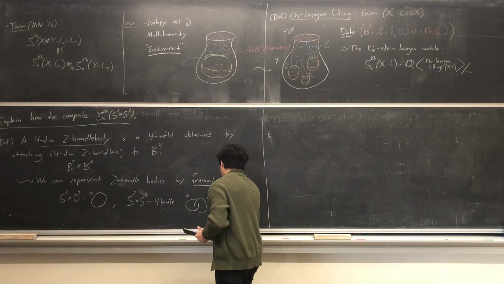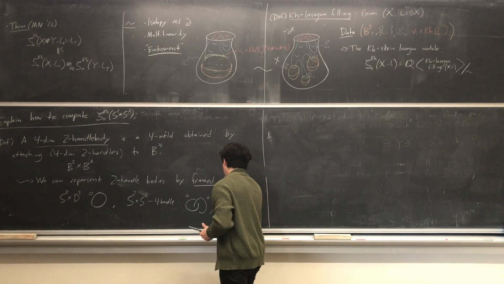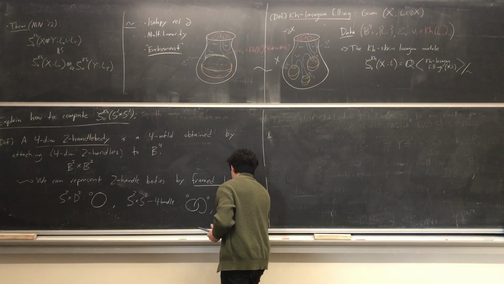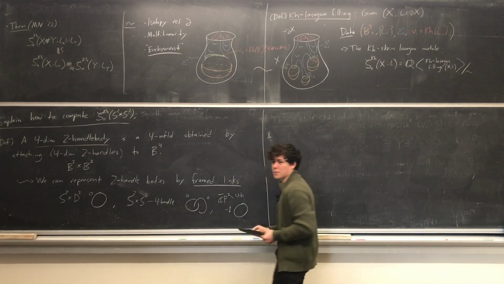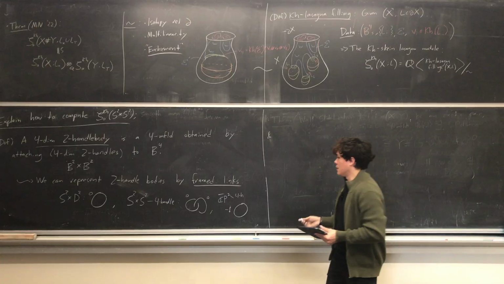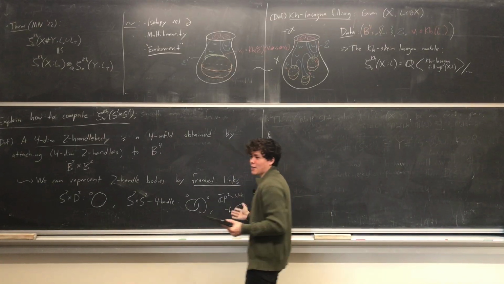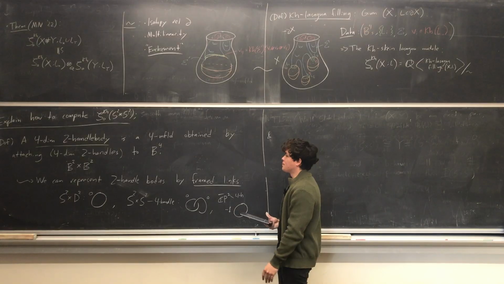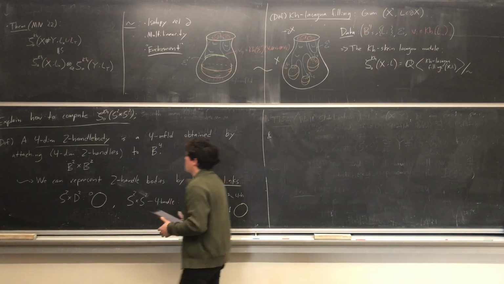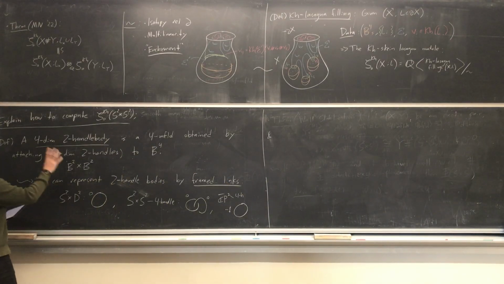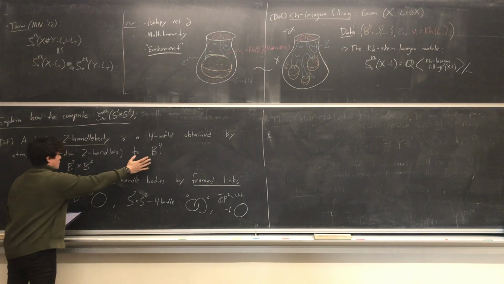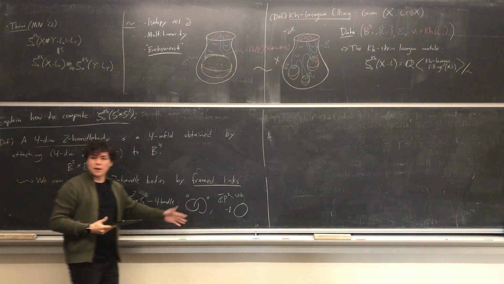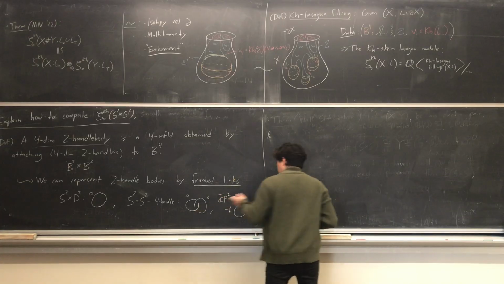And I can do CP2 bar without a four handle as the -1 framed unknot, right? And so these are Kirby diagrams. This is a diagrammatic language to talk about four manifolds. But for this talk, we're only interested in four manifolds that have just a single zero handle, which is this four ball, and some number of two handles attached along a link like this.